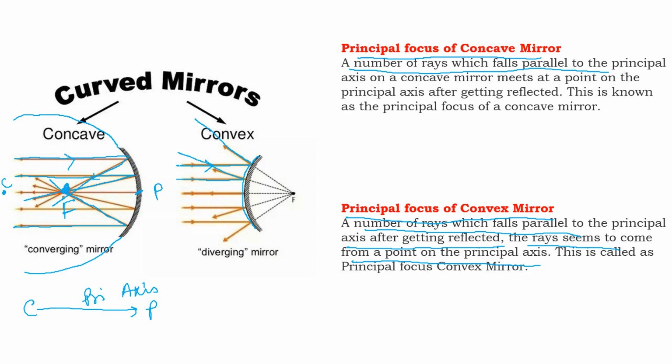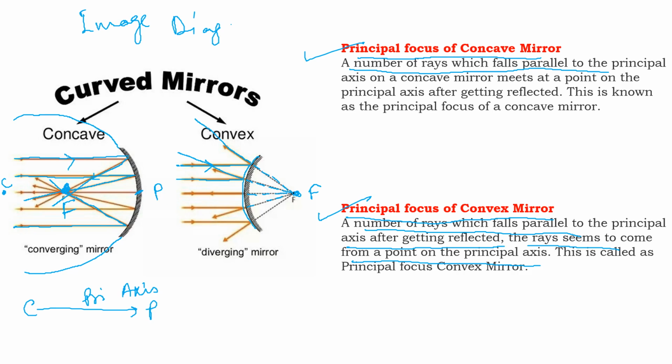They are not meeting anywhere. So how are we going to get the principal focus? Then what we do, we trace the reflected rays back. When you trace all the reflected rays back, they will meet at a point. This point is called the focus. These two diagrams are very important. Draw the principal focus of concave mirror and convex mirror, both very important. So read it, learn it, because it can be asked.